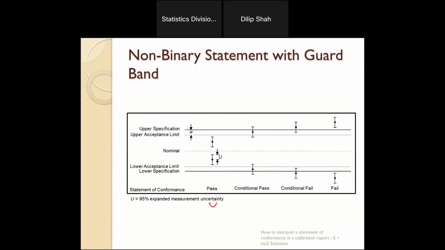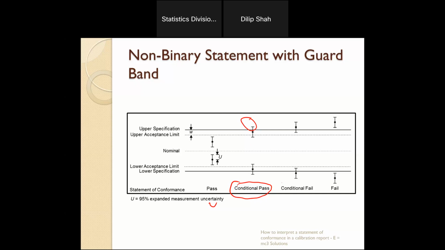Now, if we take that non-binary, same scenario, you have a pass in that first scenario. In the second scenario, the measurement is within the specification limit but beyond the acceptance limit, so it is a conditional pass. That means there is some associated risk you're going to take if you accept that measurement, and that's why it's a conditional pass.